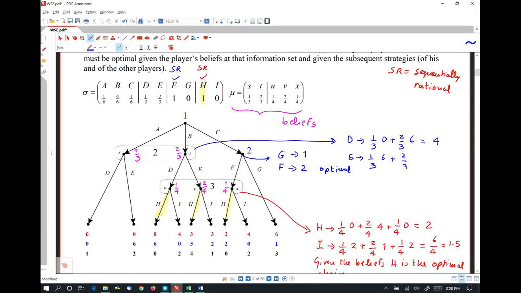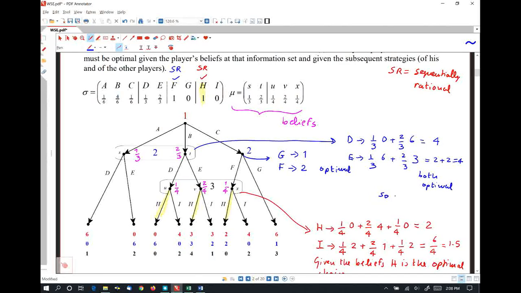And with probability 2/3, he's playing E, then followed by H. That's what the strategy of player 3 says, and he gets a payoff of 3. So this is equal to 2 plus 2 equal to 4. So D and E are equally good, so they're both optimal. He gets a payoff of 4 if he plays D, he gets a payoff of 4 if he plays E, and so any mixture between D and E is also optimal.